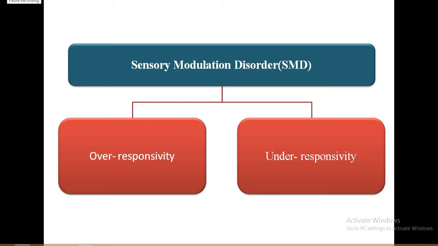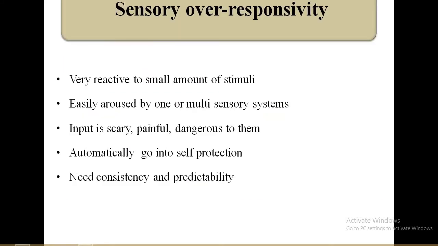Based on this threshold and regulator, there are two types of sensory modulation disorder we can see. One is over responsivity and the other one is under responsivity. When a child's neurological threshold is low, they are very reactive to a small amount of stimuli, and if the child is a passive regulator, he or she will show sensitive behavior.